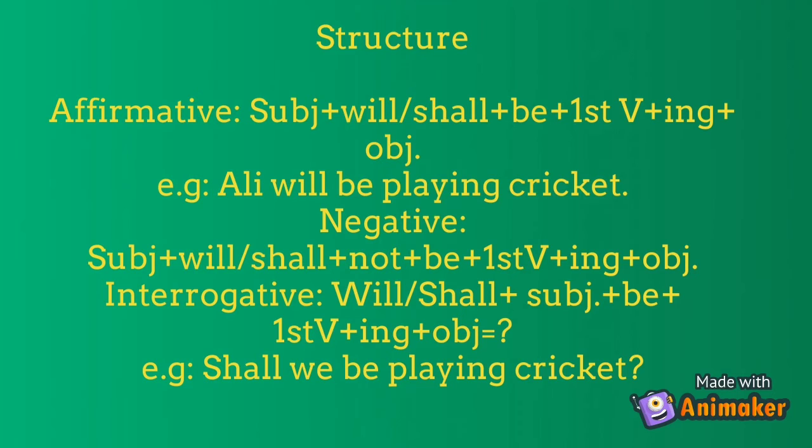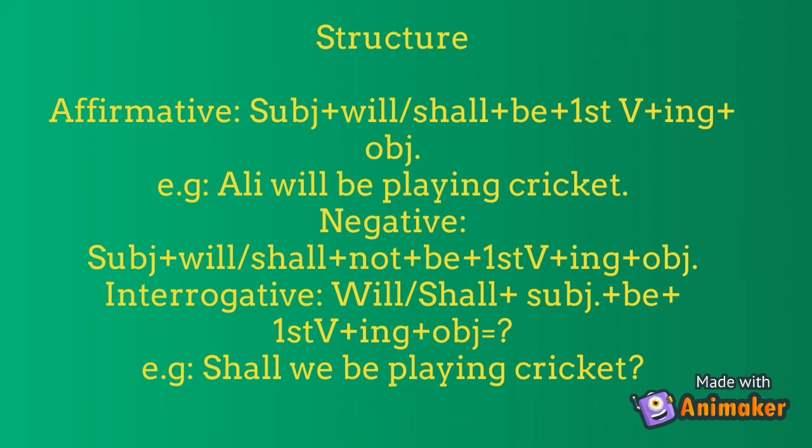Here is the structure for the future continuous tense. Again, we are talking about the same things. The structure is same. Everything is same. Just the helping verb will be changed. The structure of continuous tense in all the three tenses, past, present, and future, is same. The difference is that we use different helping verbs to show different tense.